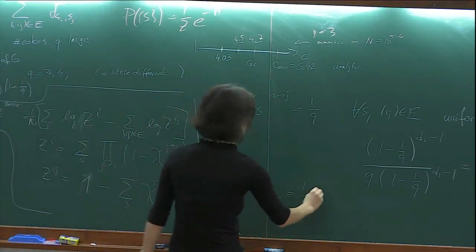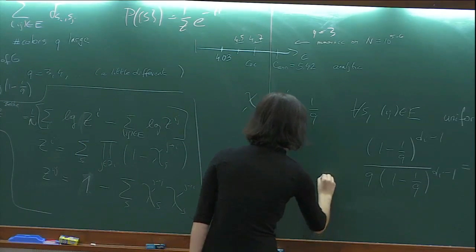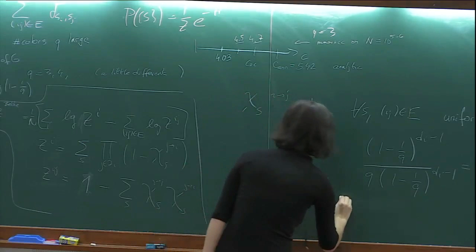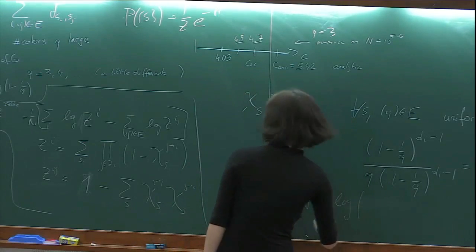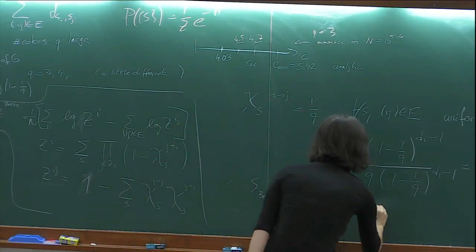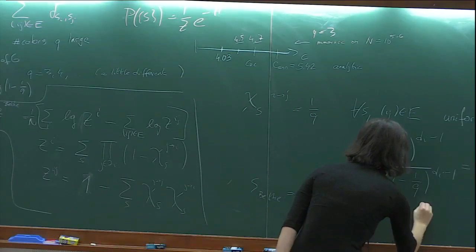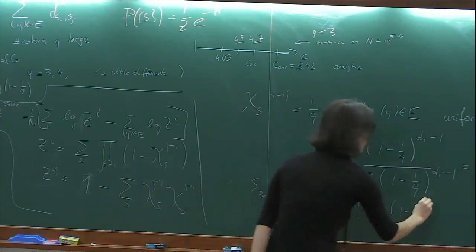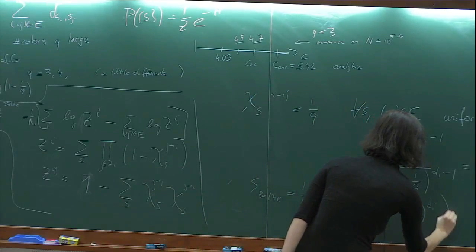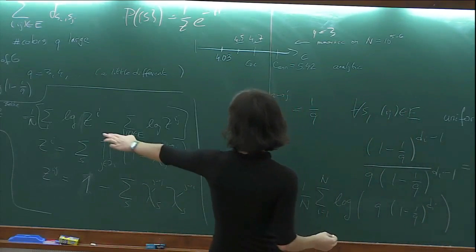The first term will be the sum over all nodes of the logarithm of Z_i. That's again q times 1 minus 1 over q to the power of the degree of i minus 1. That's the first term.